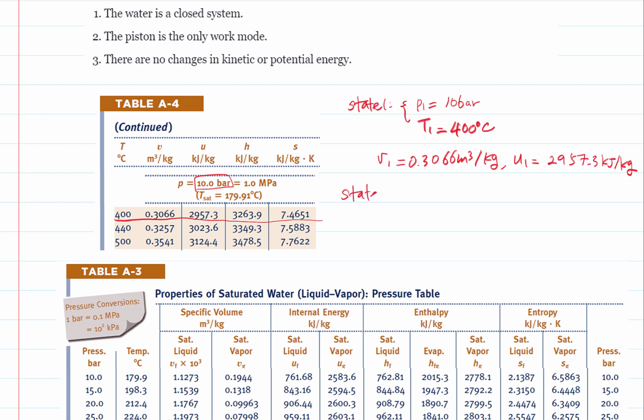State 2. Pressure is given, 10 bar, and is in the saturated vapor state. So quality at state 2 is 1. So two independent properties are known. We can fix the state.